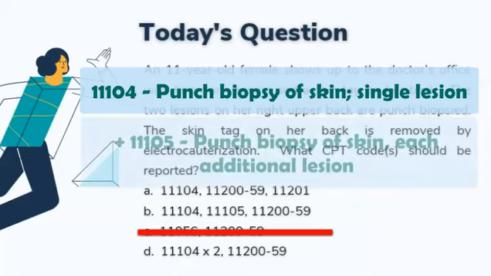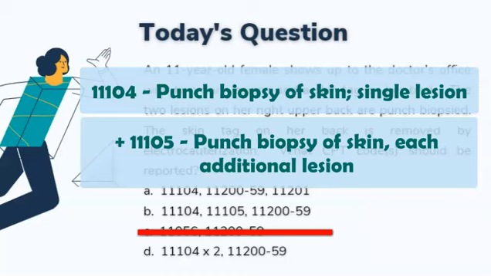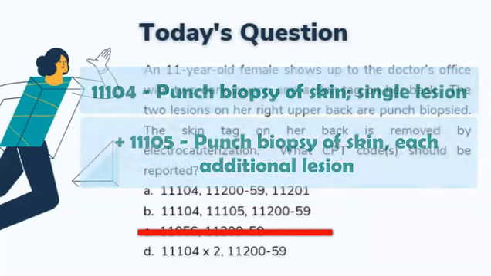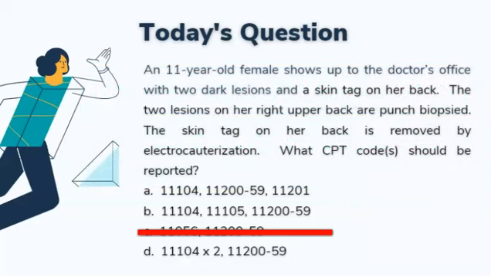The add-on code 11105 is used to report for each separate or additional lesion. With that being the case, letter D is an incorrect way of reporting lesion biopsies. If there is a second lesion or more lesions that were treated, simply multiplying 11104 with the extra number of lesions is the incorrect way of reporting. Therefore, letter D is taken out.